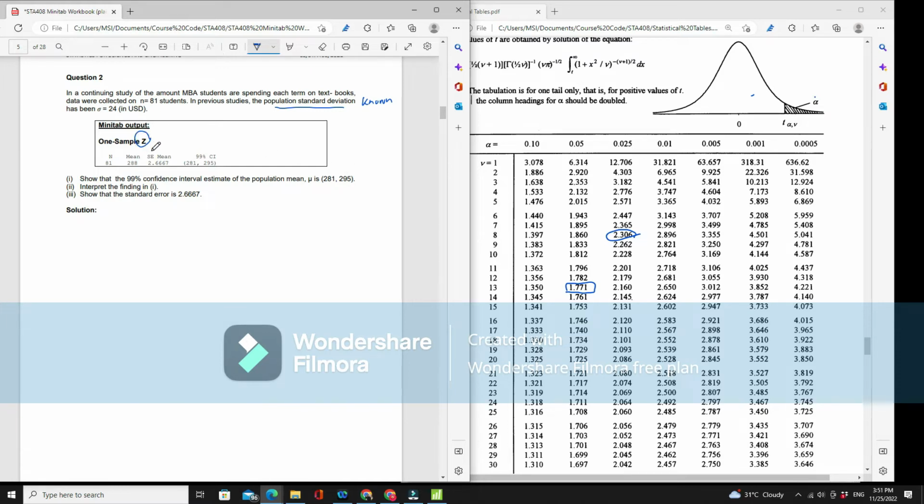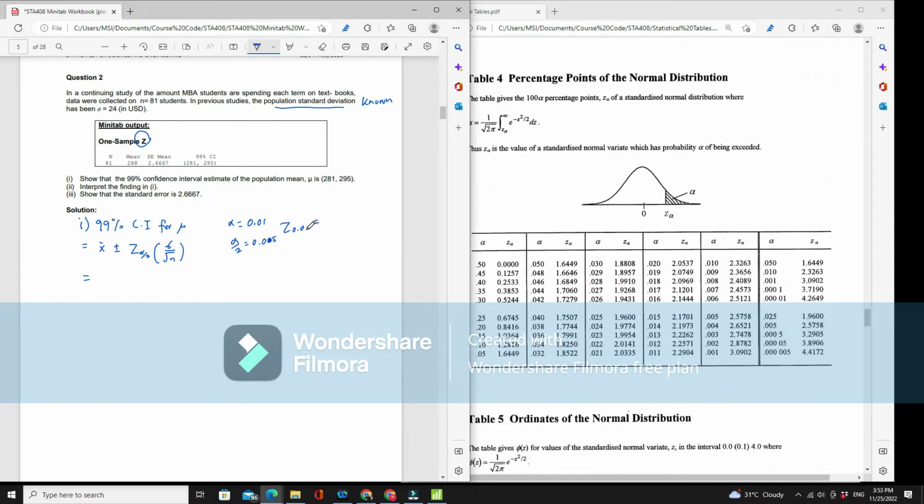Use Z. The 99% confidence interval for the mean equals X bar plus minus Z alpha over 2 sigma per square root of n. Here alpha equals 0.01, alpha over 2 equals 0.005, so Z 0.005 is 2.5758.